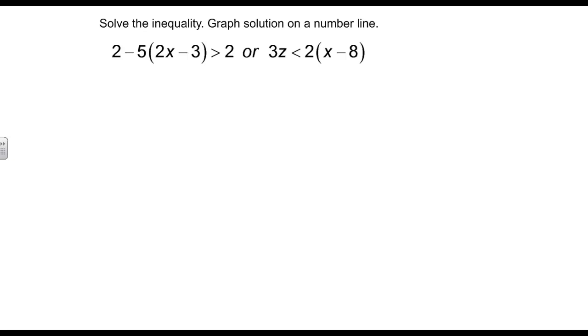So let's do another one. We roll through and say we have 2 distribute, minus 10x plus 15 is greater than 2. Let's combine like terms. I'll subtract 2 from both sides.